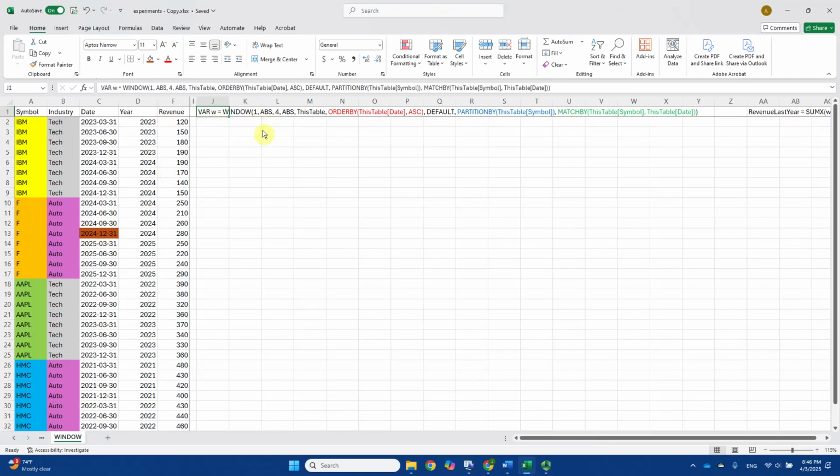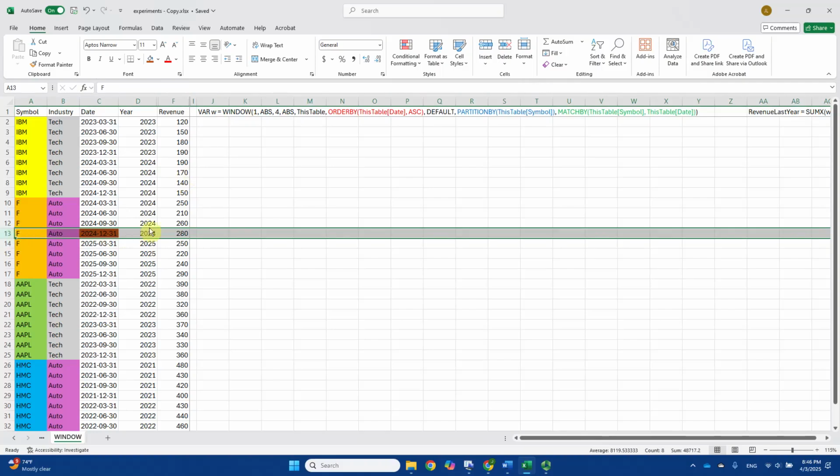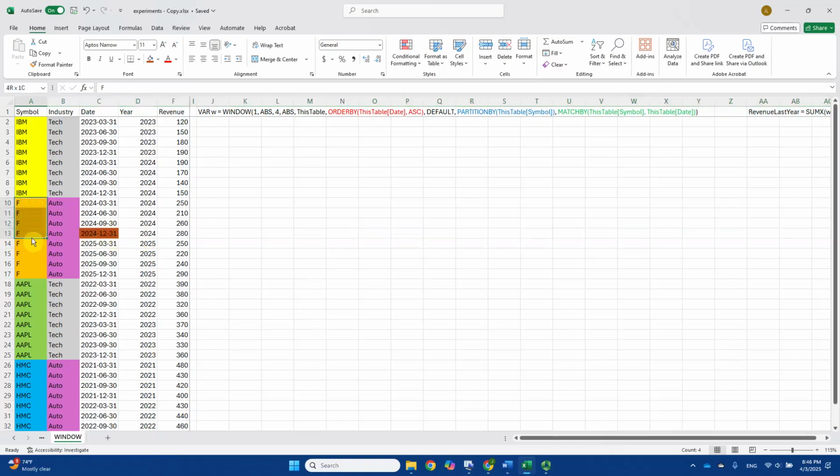So when we talk about the absolute position, again, we're talking about what the current partition is. For example, if we're still working on this row, the current partition is determined by the current row. The current row is related to forward. So the current partition is this orange block.